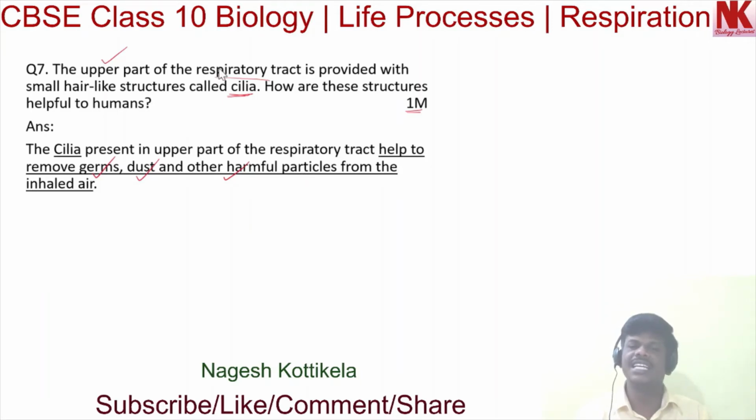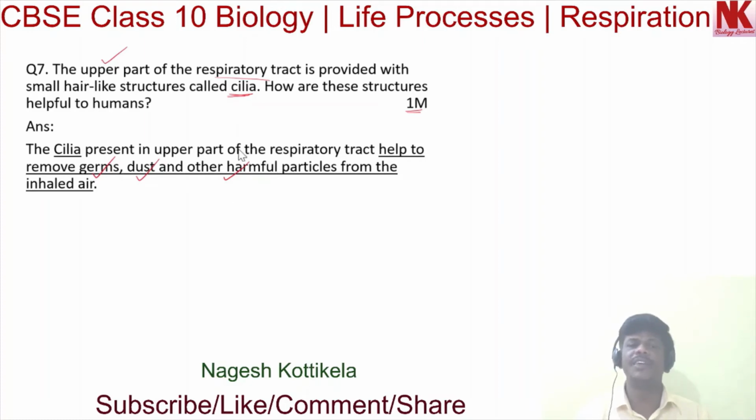So the cilia remove all these harmful germs, dust and particles, so that our respiratory tract is maintained in a good condition. It is protected from infections and harmful particles. This is how you can write the answer for question number 7.